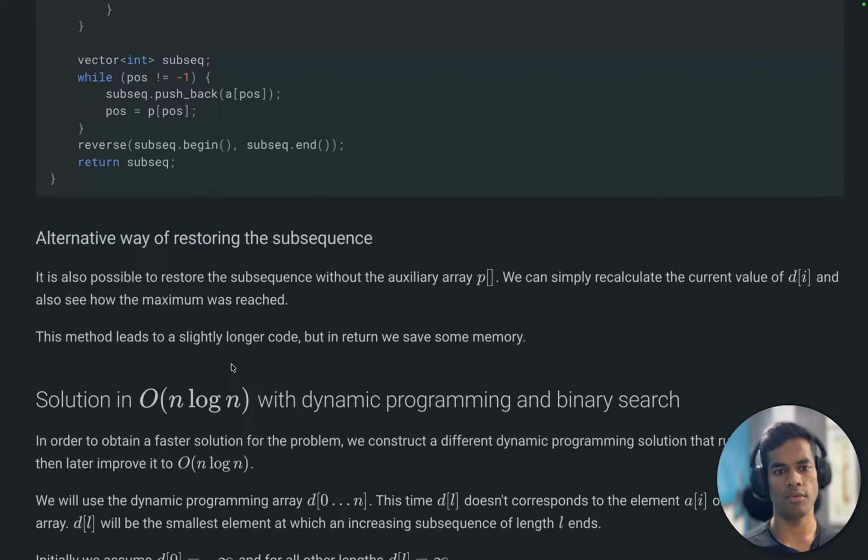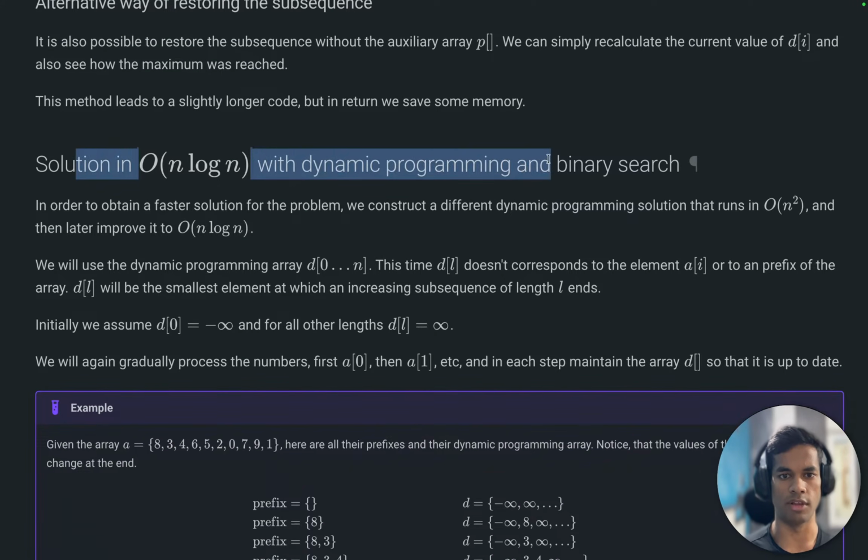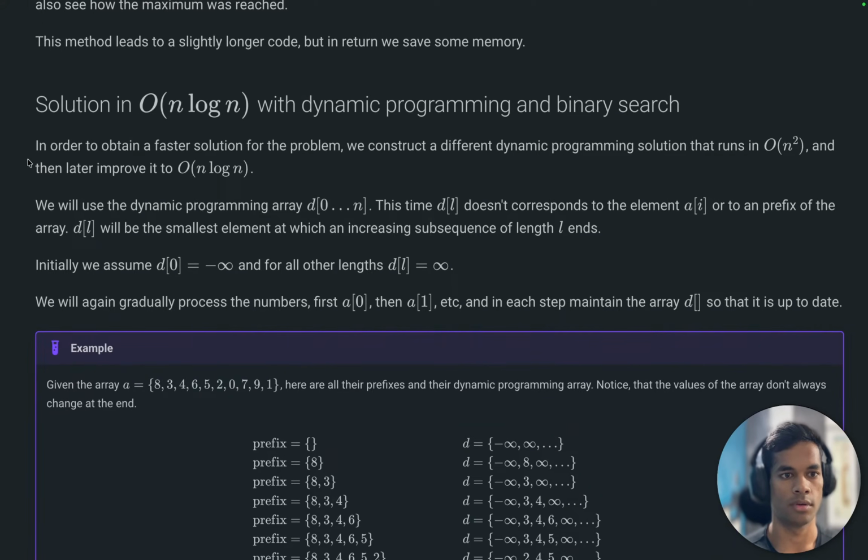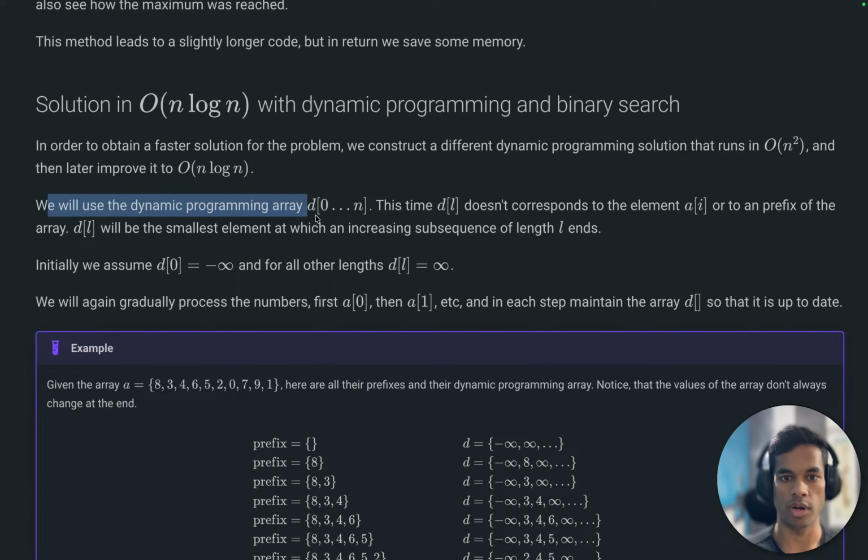An alternative way to recognize this is with binary search. In order to obtain a faster solution for the problem, we construct a different dynamic programming solution that runs in n squared, and then later improve it to n log n. We will use the dynamic programming array.